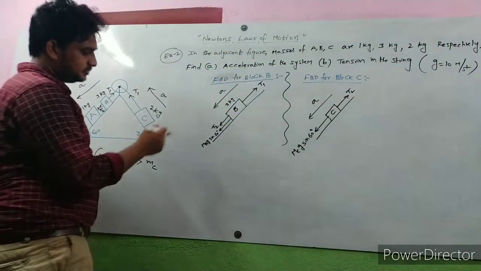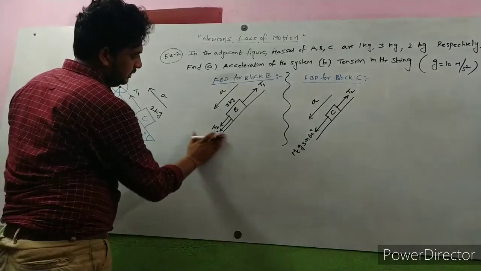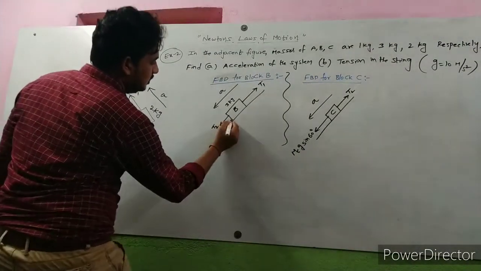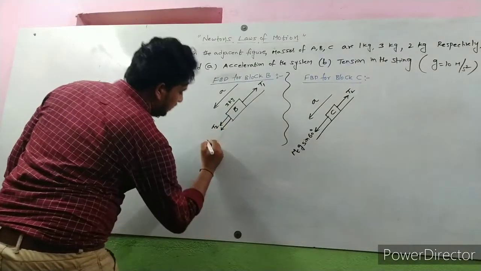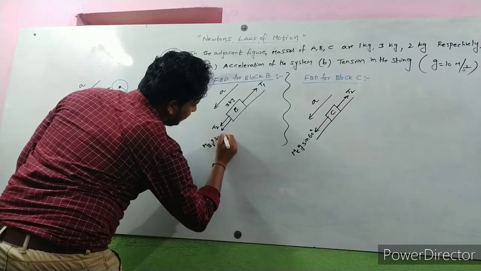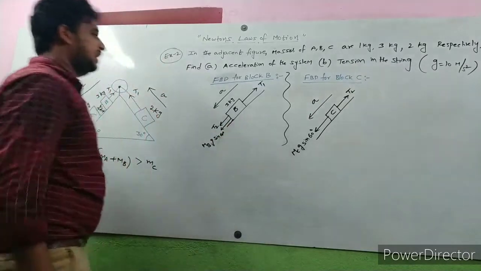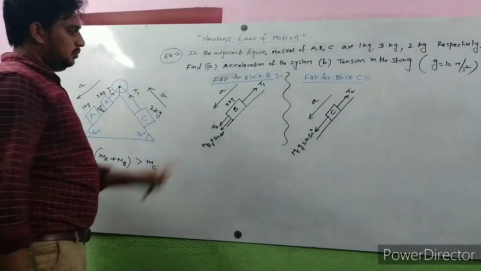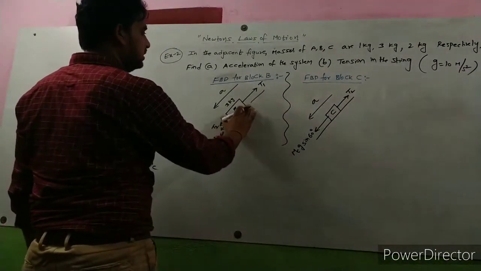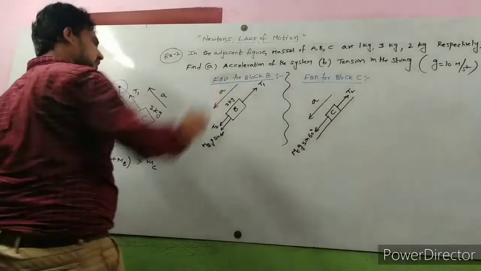So from this, how do we get it? Here apply MBg sin 60. In the FBD for block B, on this side two forces are acting, and on this side only T1 is acting.